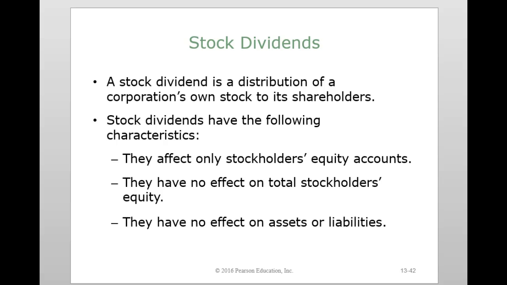Now, a stock dividend is a distribution of stock. It affects only the stockholders' equity accounts and has no effect on total stockholders' equity. There are no effects on assets or liabilities, whereas a cash dividend reduces assets, right? Because you're paying cash out.